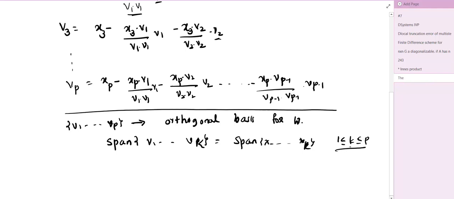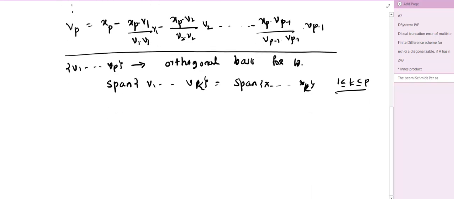So in between you can consider any group of vectors. The span of these orthogonal vectors is equal to the span of the given basis.